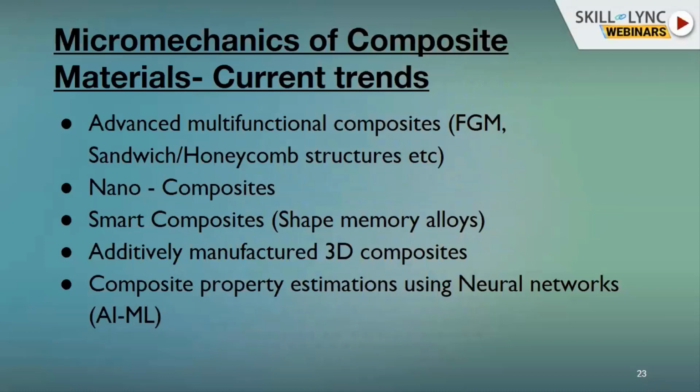One such example is sandwich structures, where a honeycomb structure is used. It will give you good strength as well as secondary or tertiary functionalities. It can be thermal management, electrical or electromagnetic insulation, acoustic insulation.